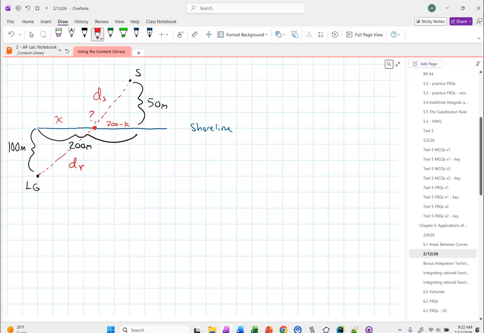That spot where I'm going to be entering the water. So my running distance is going to be equal to the square root of x squared plus y squared, right? So like a Pythagorean theorem. And my swimming distance then is going to be the square root of x squared plus y squared, I should say.